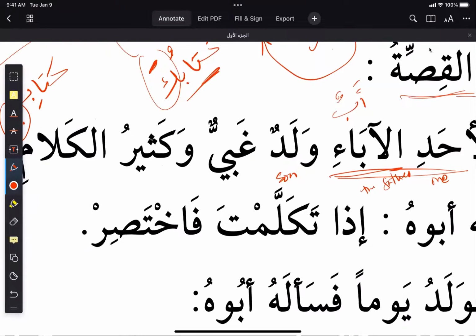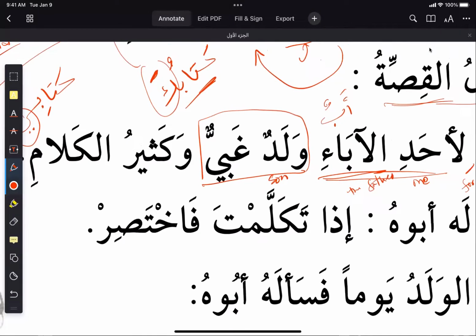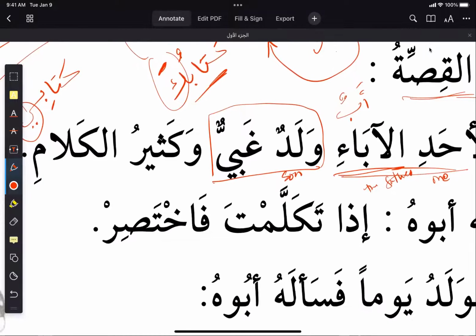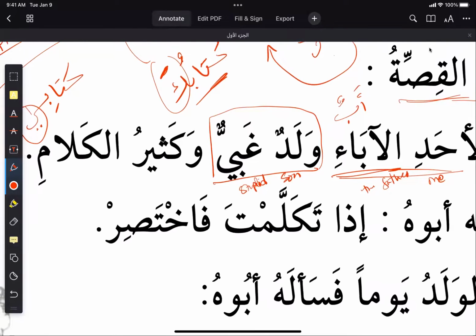Okay, son, Rabi. And first of all, Rabi we said stupid. So as you can see, this is what type of construction we have here. Waladun Rabiyun. How would you translate? Adjective, excellent. So a stupid son. Yeah, stupid boy, stupid son.